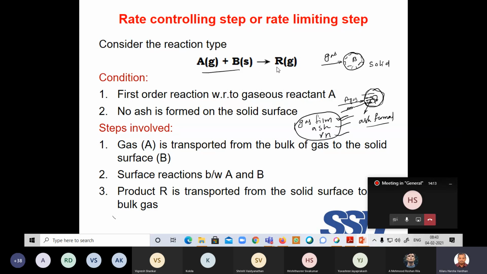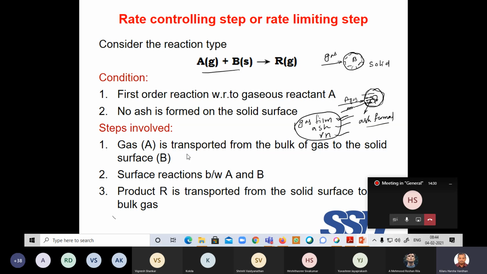So we divide this into a series of steps and assume that each step is an intrinsic rate, in the sense that only one particular resistance is there and not much of the other resistances.